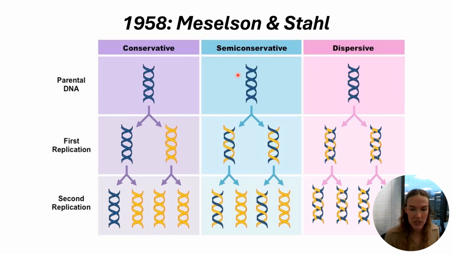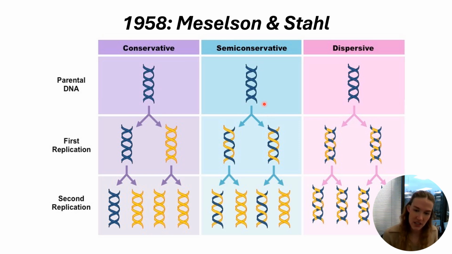So the competing theories were conservative versus semi-conservative or dispersive. And in the conservative model, you would have one totally brand new DNA strand using the original parent strand as a template on both sides. And how this worked is a little bizarre.